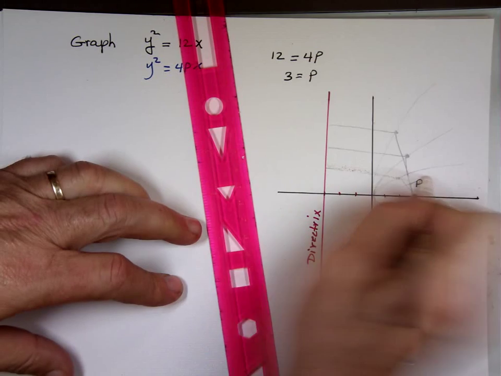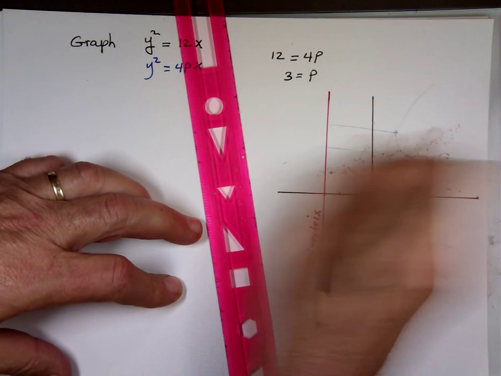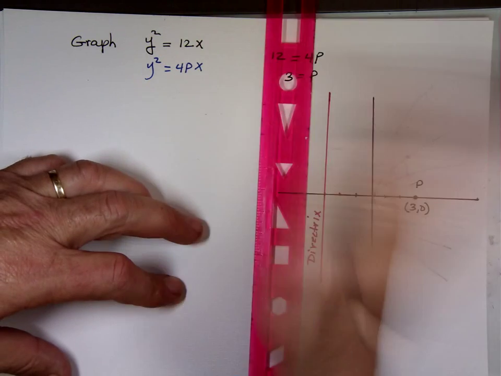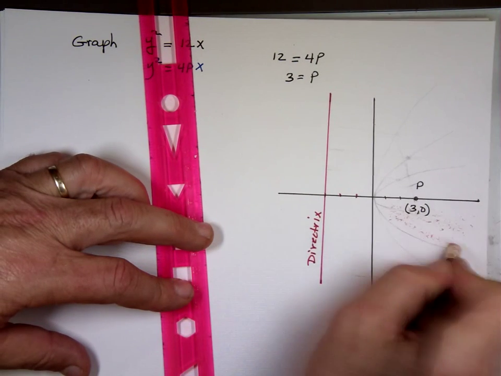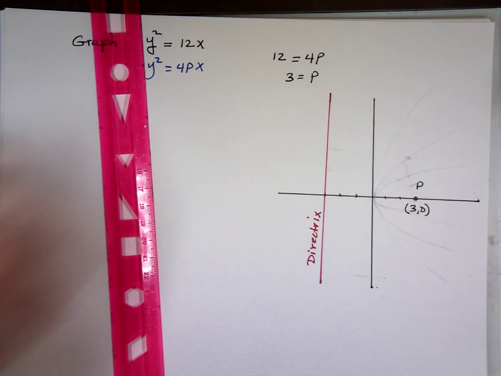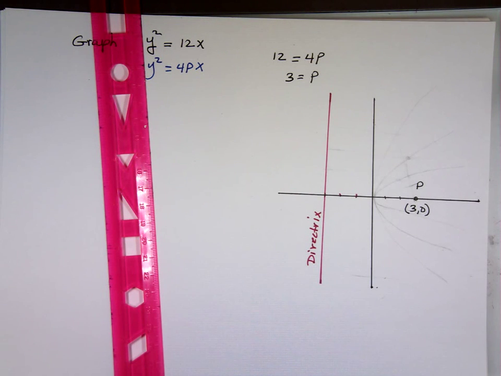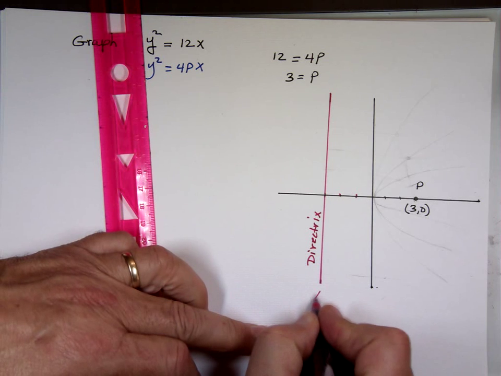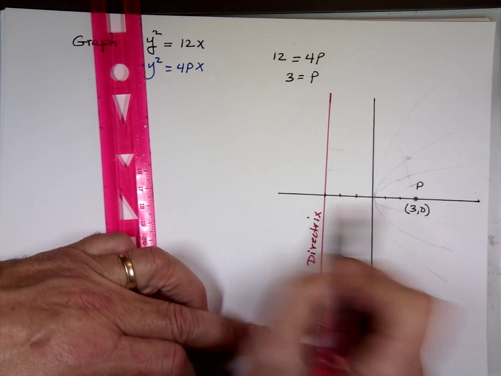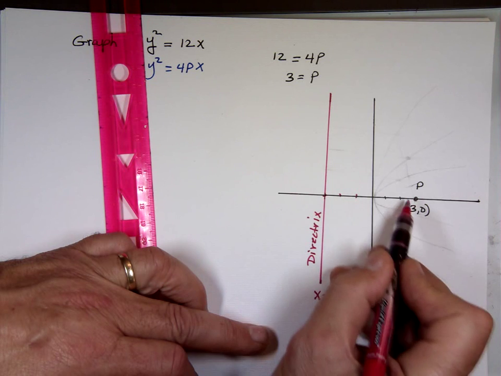Well, I don't want to be guessing, going, oh, is it this, is it that? So I came up with a way of doing it. What is P equal to here? 3. The equation for this line is what? X equals -3. What is the distance from here to there? 6 units.